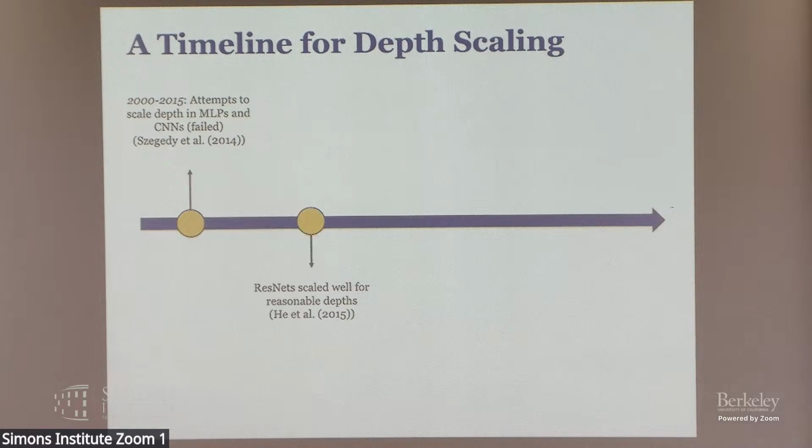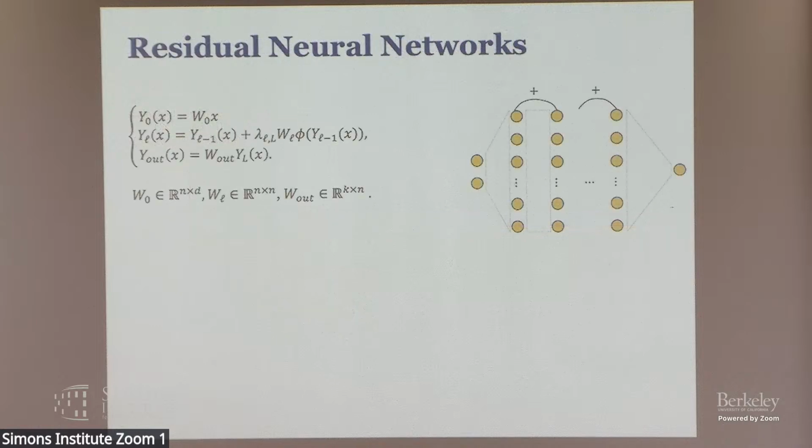I think a significant contribution in the field was the introduction of ResNets, or residual neural networks, in 2015. Again, this is empirical work, right? None of this is really a theoretical analysis. With the introduction of ResNet, we could scale these neural networks up to a reasonable depth, something like 30 layers, 40 layers.